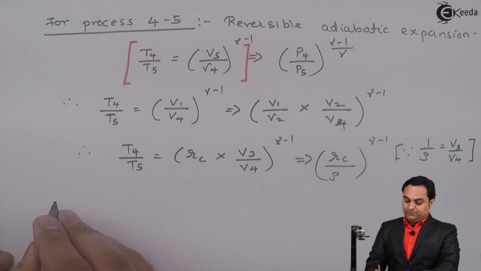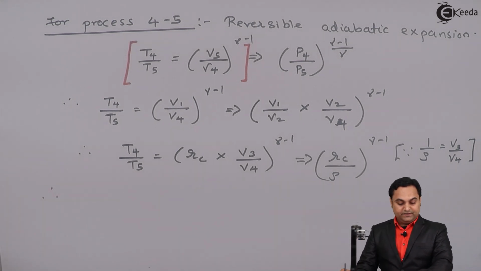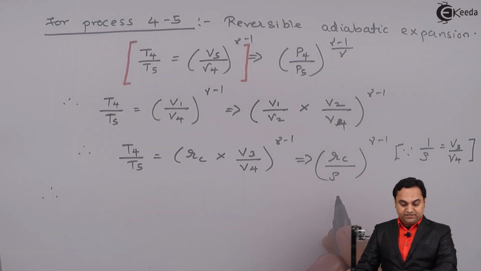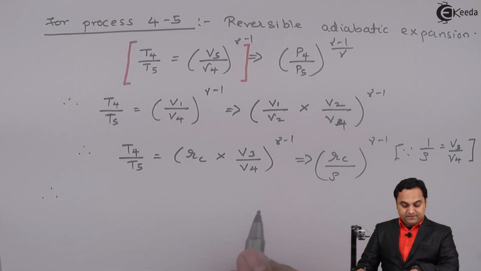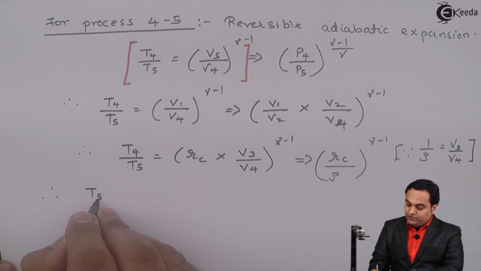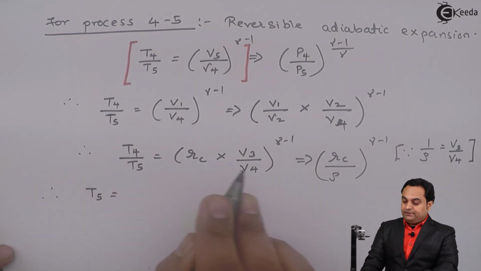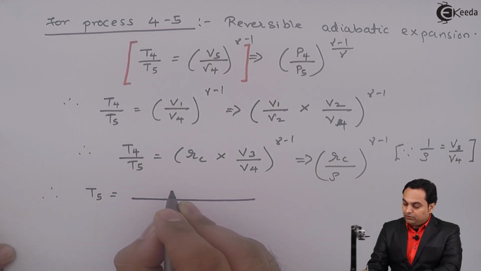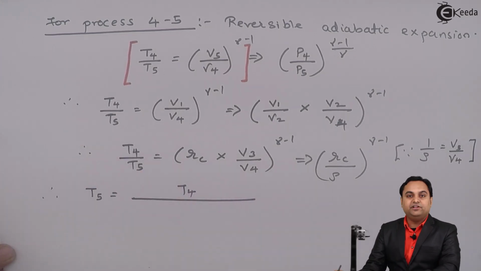Next, after reaching up till this stage, the next thing would be, here we have RC and here we have rho. Next, I will be keeping this in such a way that I'll bring T5 on one side. This entire term I'll shift it in the denominator, and in the numerator I'll have T4.